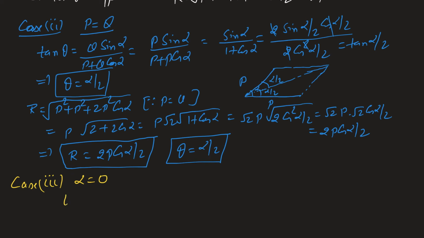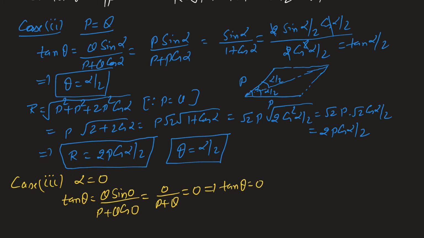You know the tan theta is equal to Q sin 0 over P plus Q cos 0. So this will be 0 by P plus Q, which is 0. This implies that tan theta is 0. This implies that the resultant will be parallel to the forces.